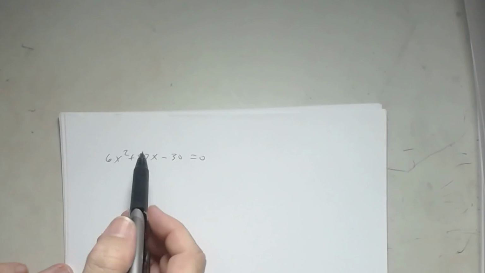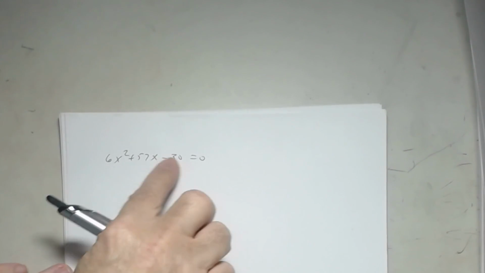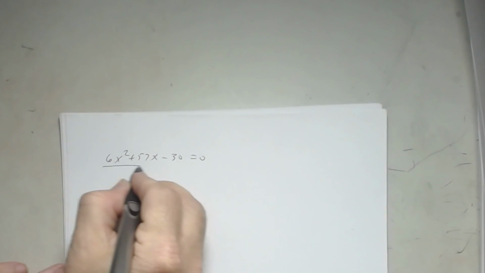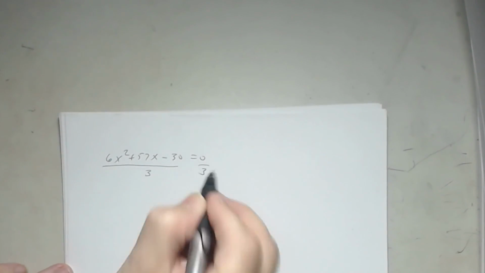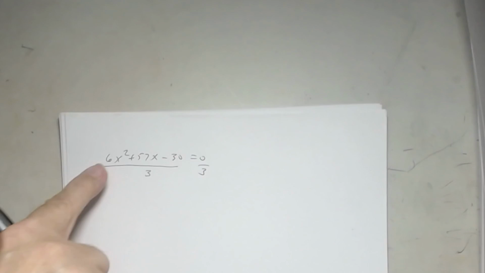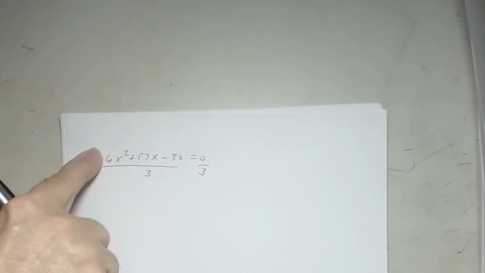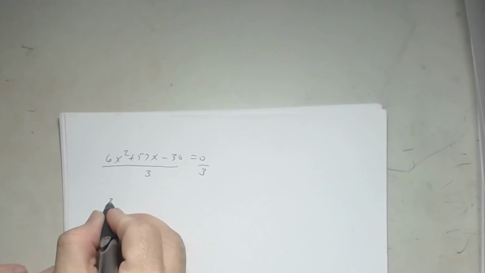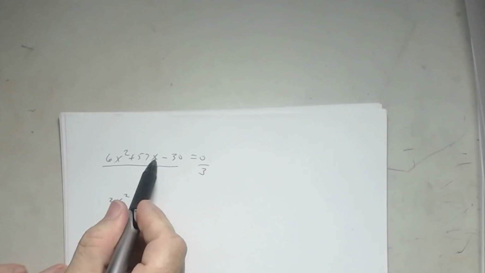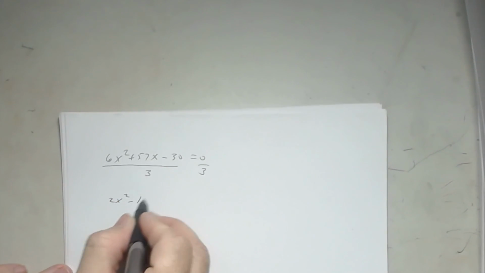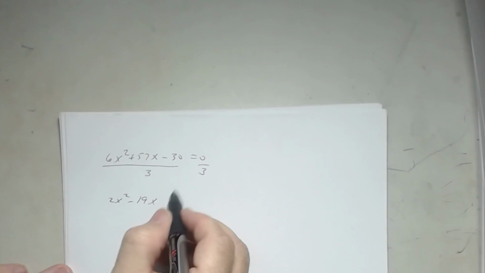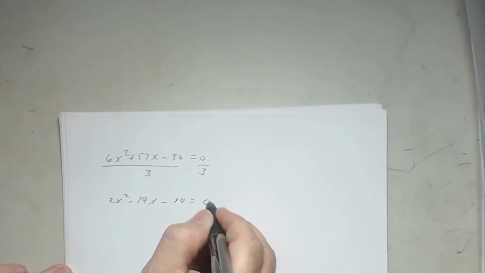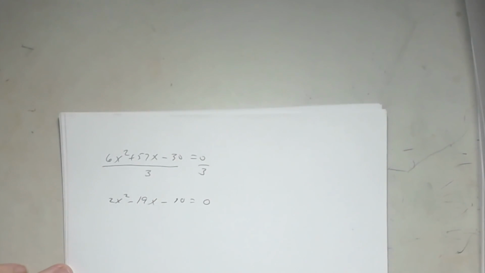So if the GCF of all these 3 terms is 3, then I could divide both sides by 3, and that means I would divide each of these terms by 3. What's 6x squared divided by 3? 2x squared. What's 57x divided by 3? 19x. What's 30 divided by 3? 10. And what's 0 divided by 3? 0. And you just factor this.